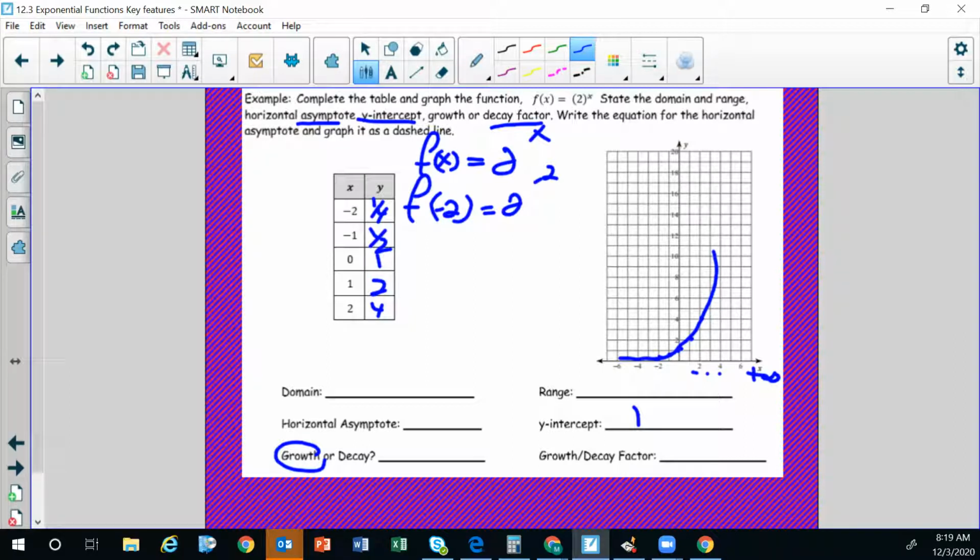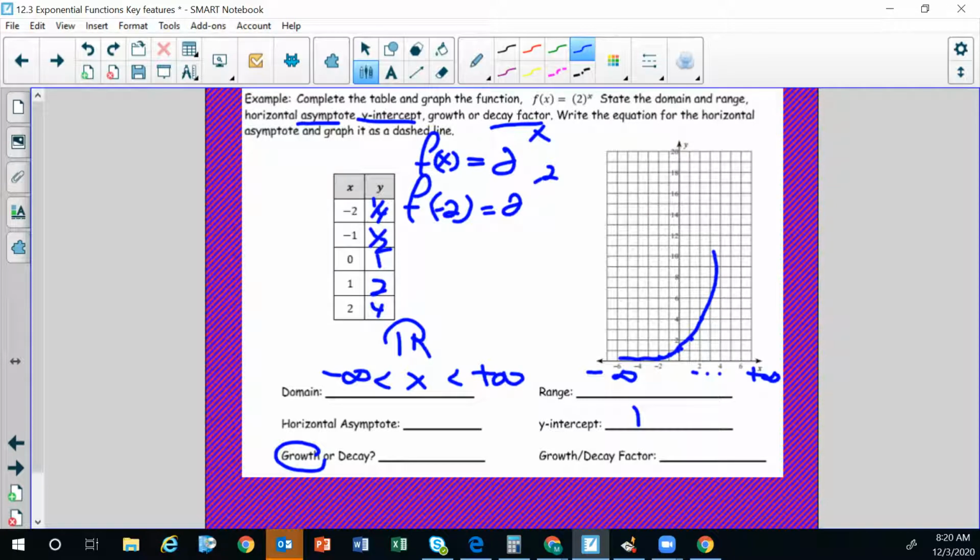Just keep on going to negative infinity. So my domain is going to be negative infinity on the left side, the less than sign. On the right side, it's going to be positive infinity and the less than sign. And then we'll put x in the middle. Right? Or we can use that funny looking R, all right, all real numbers. Okay, so that's the domain.